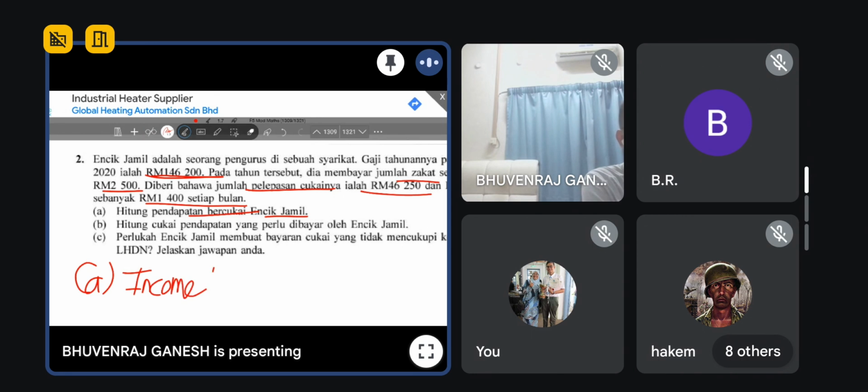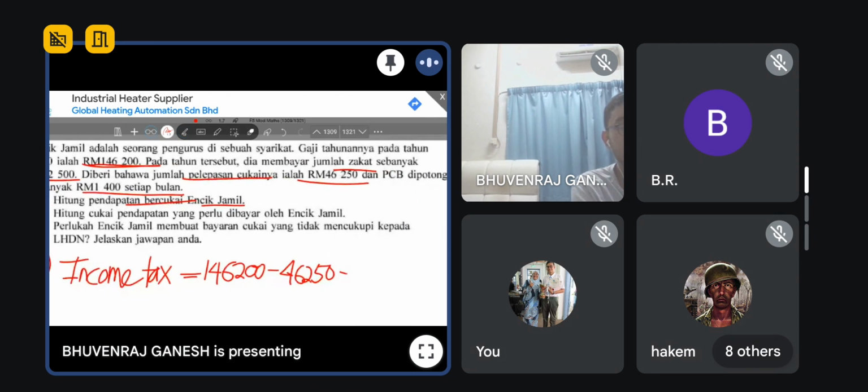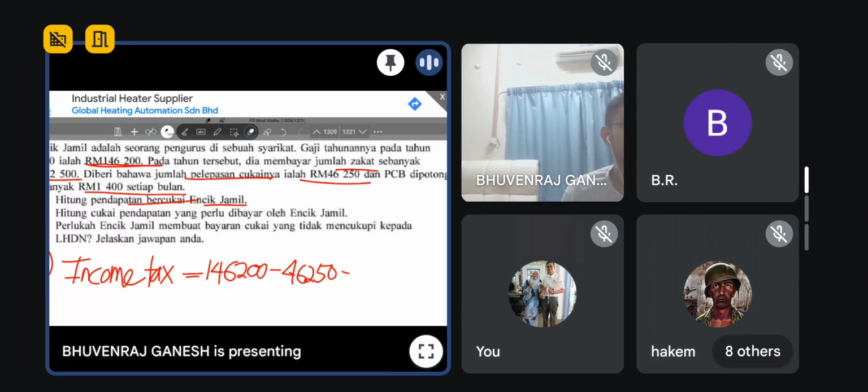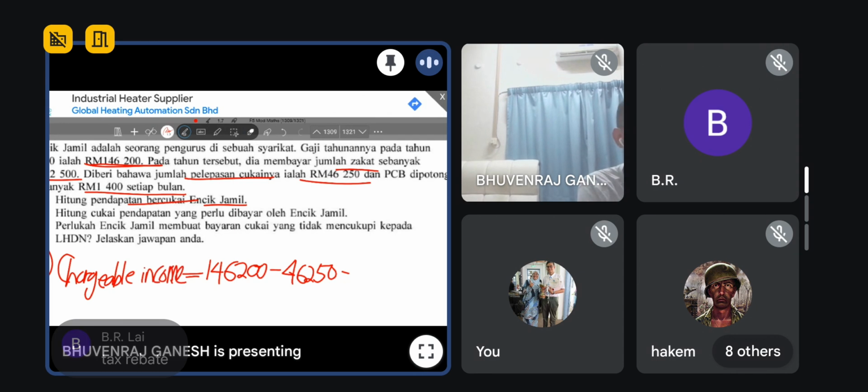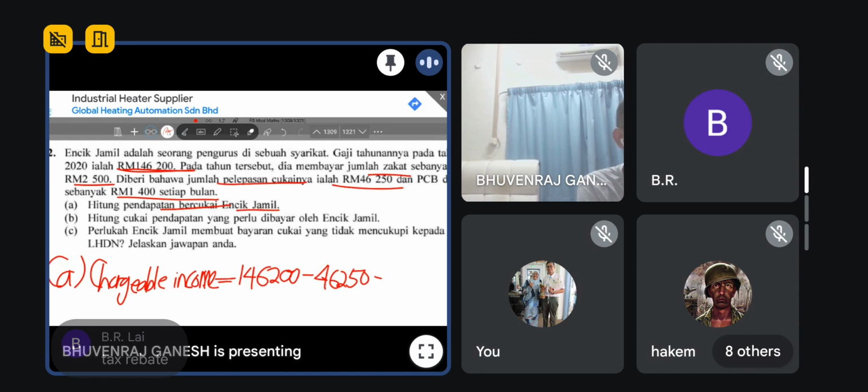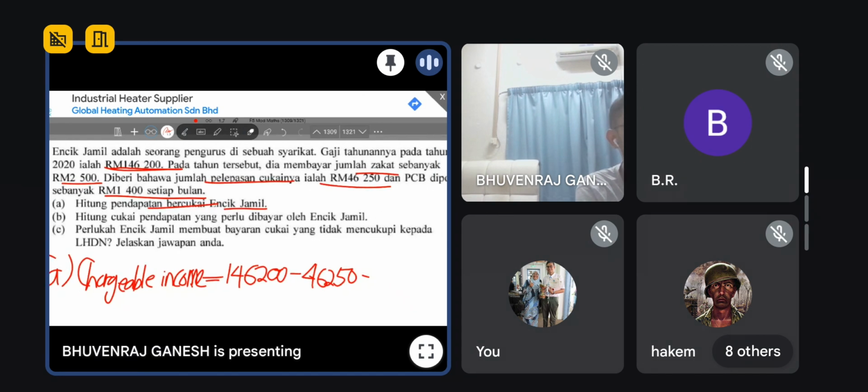Chargeable income, we take our income 146,200 minus the tax relief. Do we minus zakat guys? Sorry, this one is not income tax, it's chargeable income. Yes, remember zakat we don't minus at the start. Always minus at the end. Okay, so any other value? Don't have already. So we just need to minus these two only and then find your answer.